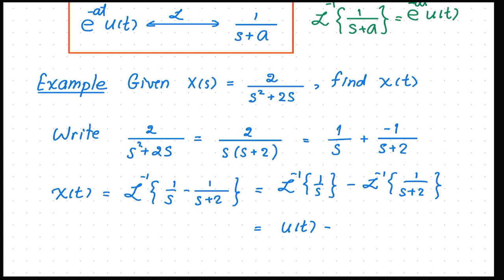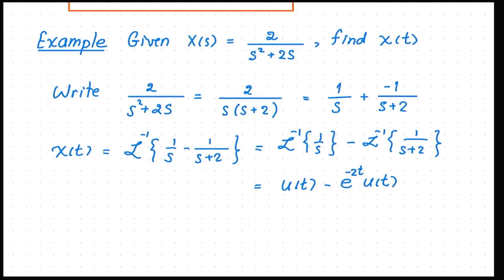Look there. So it should be e to the negative 2t u(t), right? And then 1 minus e to the negative 2t times u(t). And this is the answer.